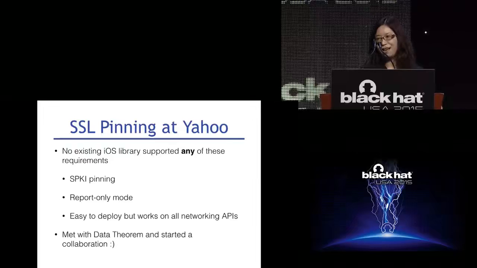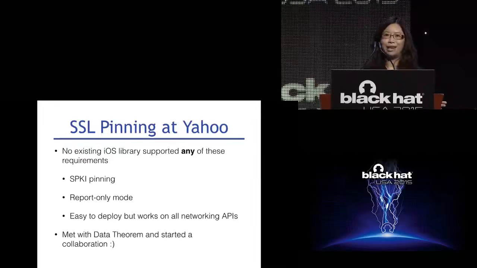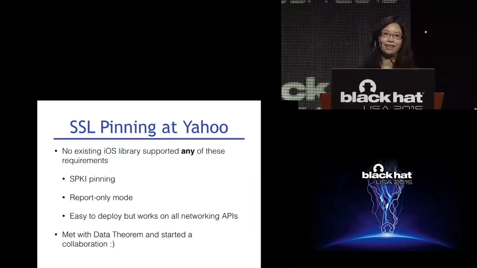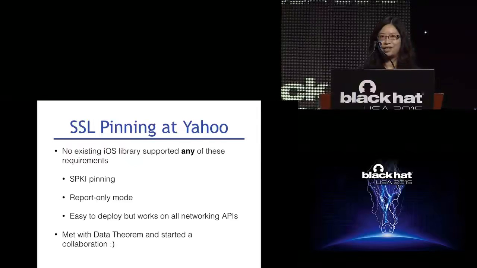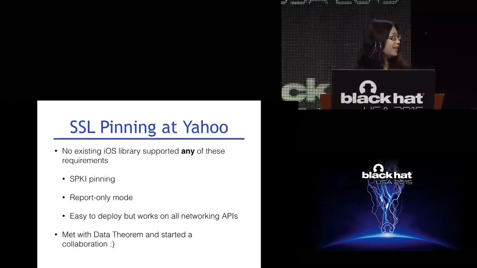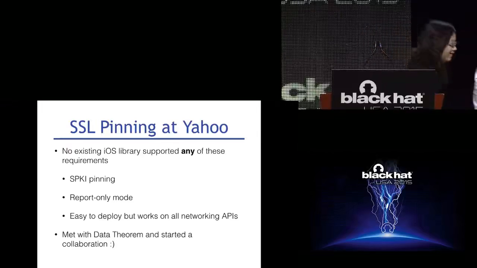And I thought I probably would have to write my library from scratch until I met up with Data Theorem and I started telling them all my challenges and how I need to start this project, and they got interested. And so they say, why not start a collaboration project? And so here we are. So back to you, Alvin.